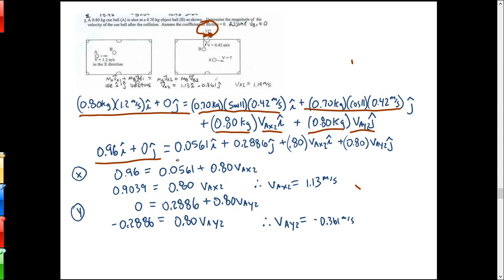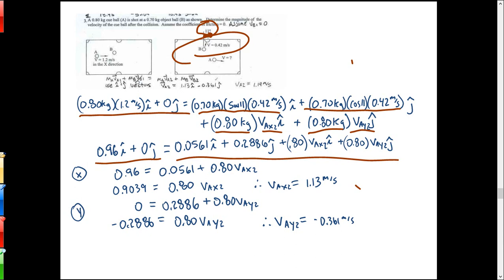So I get the stuff on the left, and I got the stuff on the right. And I've got two unknowns, Vax2 and Vay2. So those are the x and the y components there that are unknown. And they're both times 0.8, which is the mass of A. And then I've got the components of momentum for B, which was found using trig.